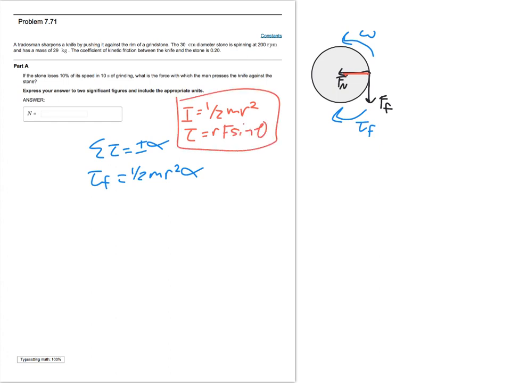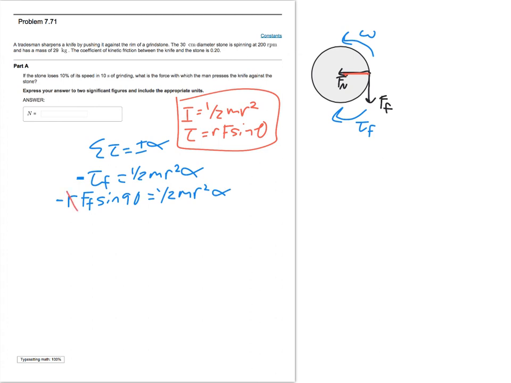So I can say that torque from friction is going to be r times the force of friction times sine of 90. I'm also going to put a negative sign on both of these because that torque is not only in the clockwise direction, but it's opposing my rotation. So I'm going to define clockwise to be negative in this case. So that's equal to 1/2 mr squared alpha.